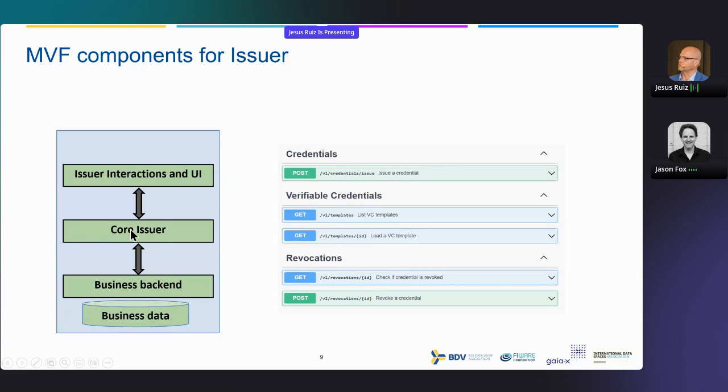You will have core issuer components that give you the ability to integrate verifiable credentials with the existing business backends. Essentially, just to simplify the whole thing, the role of the issuer is to get business data and then generate the JSON structure for a verifiable credential, digitalizing this, and making this available for the holder to get the credential. Okay, so you'll have this.